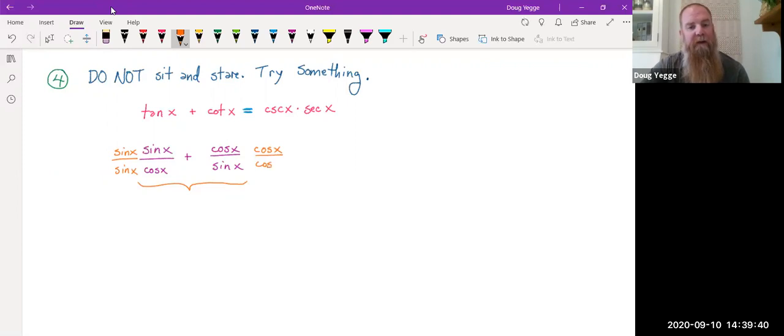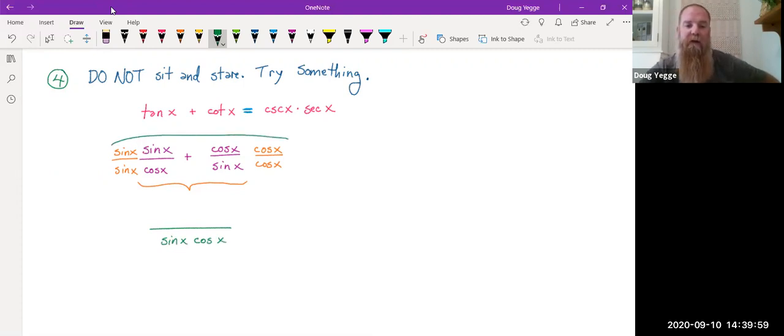That way the denominators are the same, and not only that, it's 1 single fraction. It's 1 single term. So the denominator becomes sine x cosine x, while the numerator, take a look there, is sine squared x plus cosine squared x.